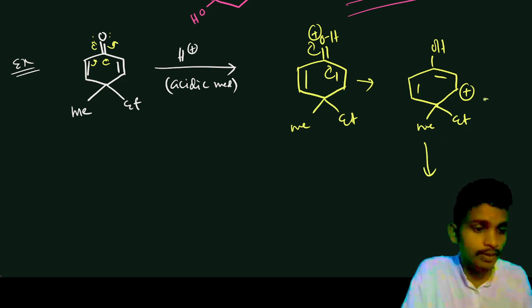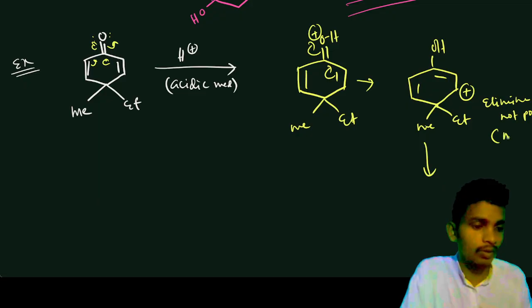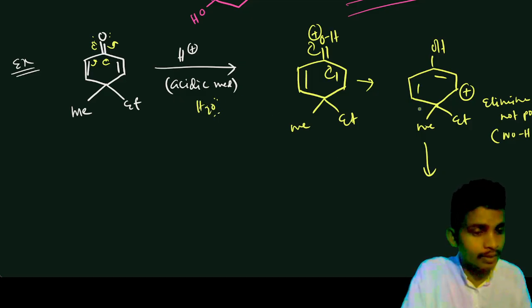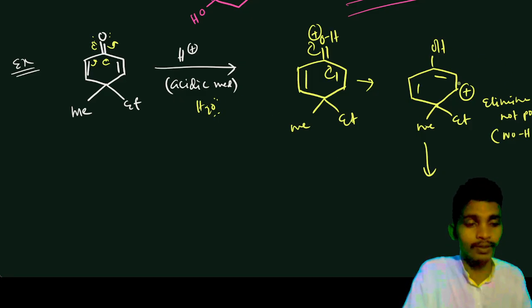Here elimination is not possible because there are no hydrogen atoms. Now the question is, why not do elimination here also? It means water will take this methyl. That is not possible. If hydrogen is there, then water will take that hydrogen and do the elimination reaction. But here that hydrogen is not there, so you can't do the elimination.